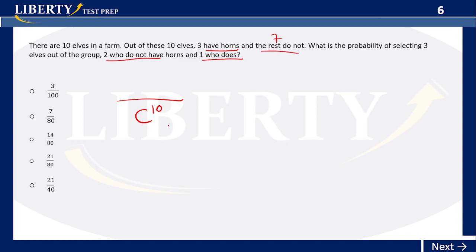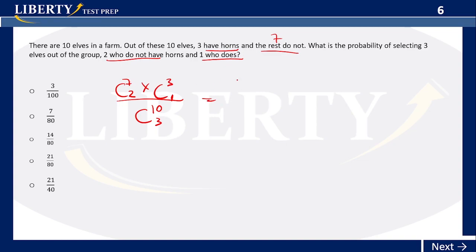So we get 10, and on the selection we want 3, 3 out of a group of 10. Then we're going to select the 2 who do not have horns out of 7, times 1 out of a group of 3 who have horns. So that's the actual operation.